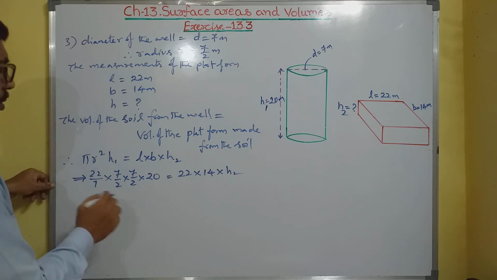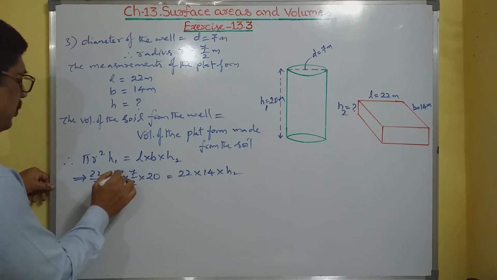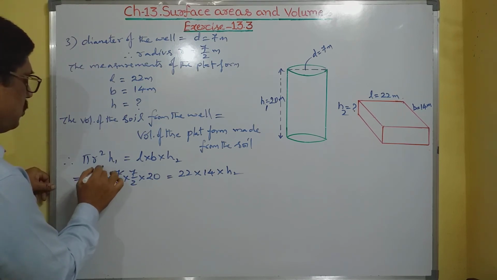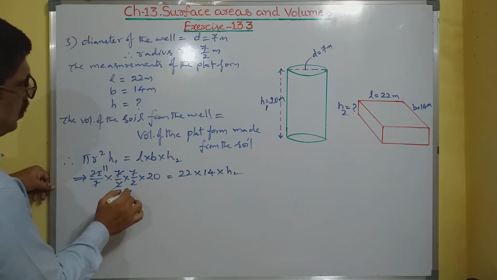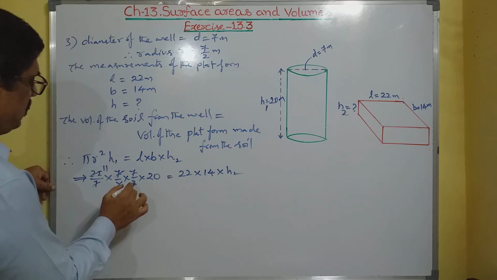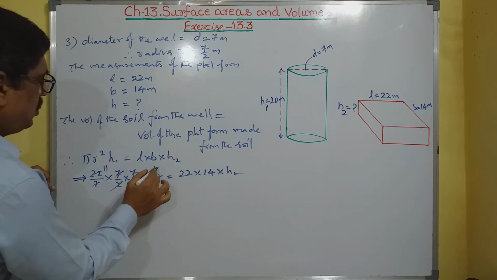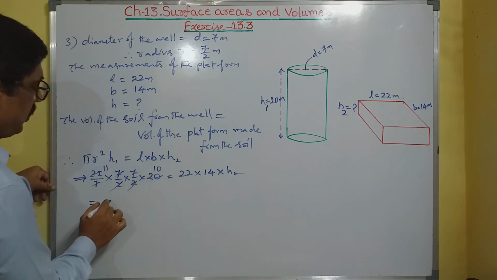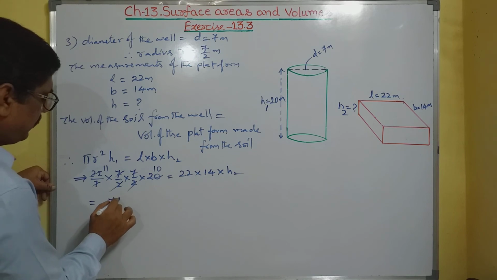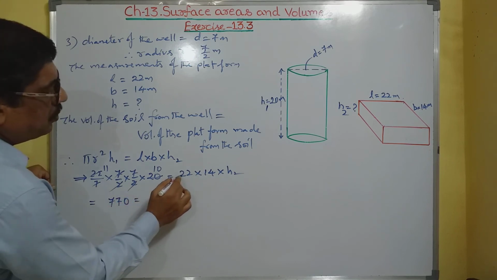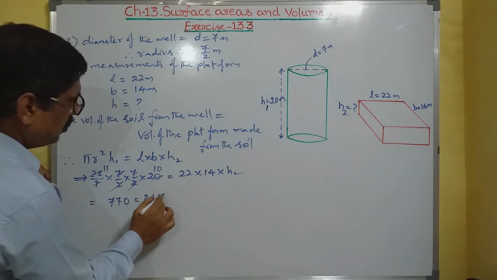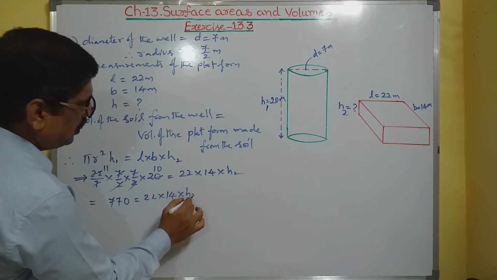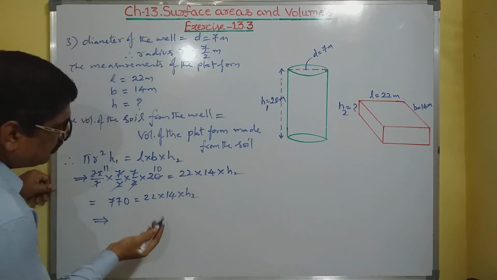Okay. Now here we can cancel 7. 2 11s are 22. Okay. Now here 2 10s are 20. So we get 11 into 10, 110 into 7, 770 is equal to 22 into 14 into H2. Let us write in the reverse.